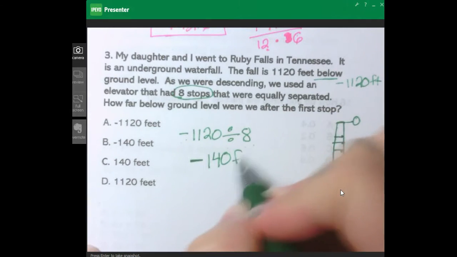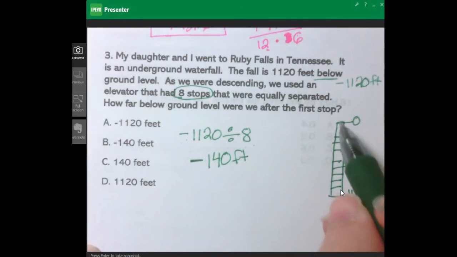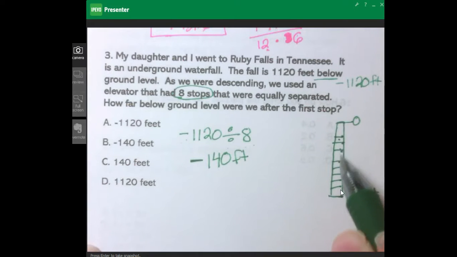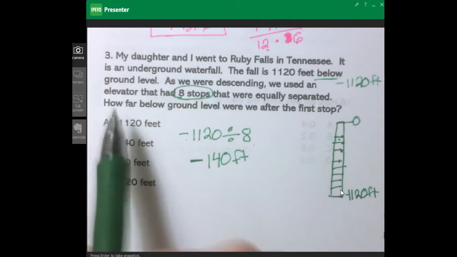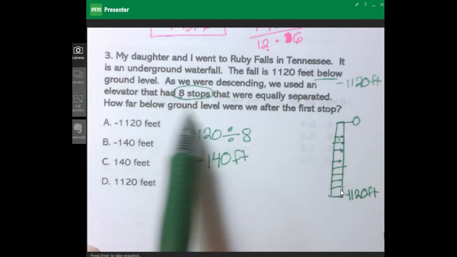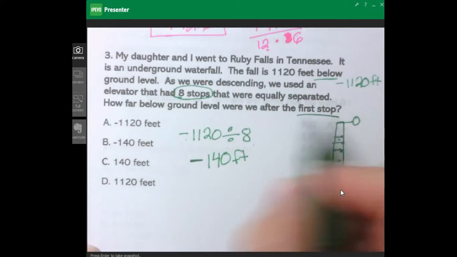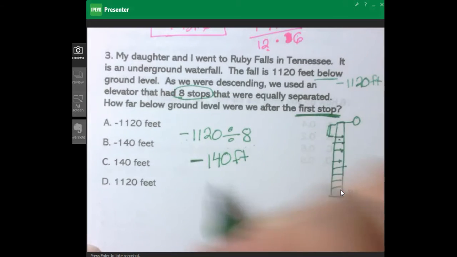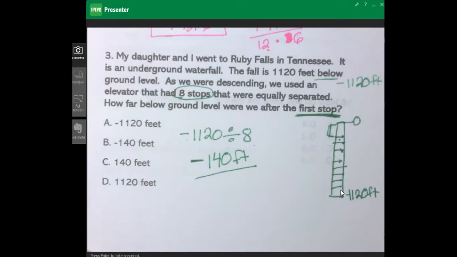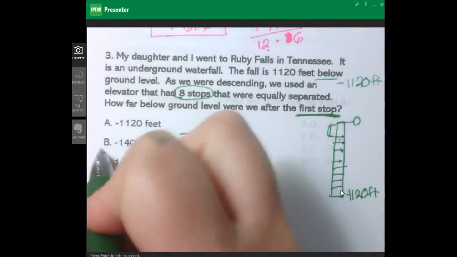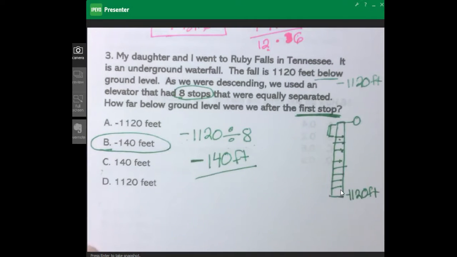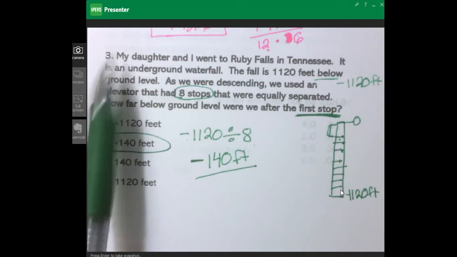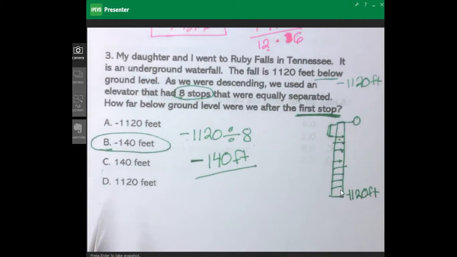Again, we're in feet, so each distance is 140 feet. So the question of how far below ground level are we after the first stop is from here to here, which is simply negative 140 feet. It is important that you keep that negative, because if we said positive, that would be above ground level, not below.